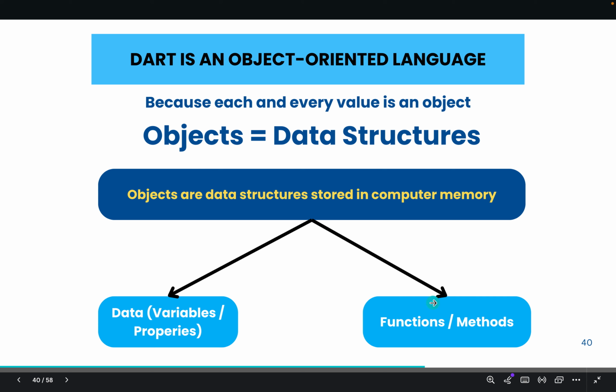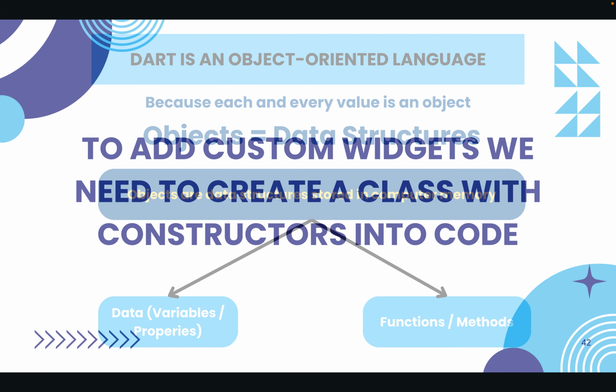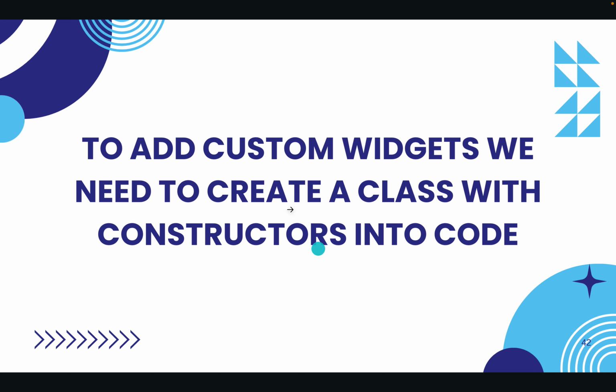As we discussed earlier, we discussed how we can create methods in our classes, how we can declare our classes, and also how we can declare data types, like how we can declare a string, or how we can go with numbers and so on. So that's how we are providing the objects into data structures memory. Similarly, we have to know how we can create custom widgets by using classes and constructors.